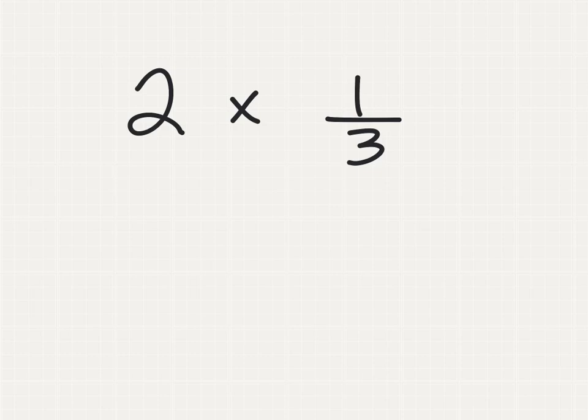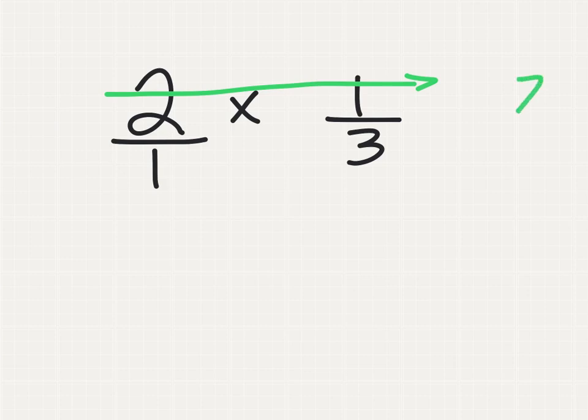In my first example of 2 times 1/3, you may remember from when we spoke about multiplying fractions that if I have a whole number, the first thing I need to do is make it a fraction by putting it over 1. Then I multiply across the numerators, 2 times 1 makes 2, and across the denominators, 1 times 3 makes 3.